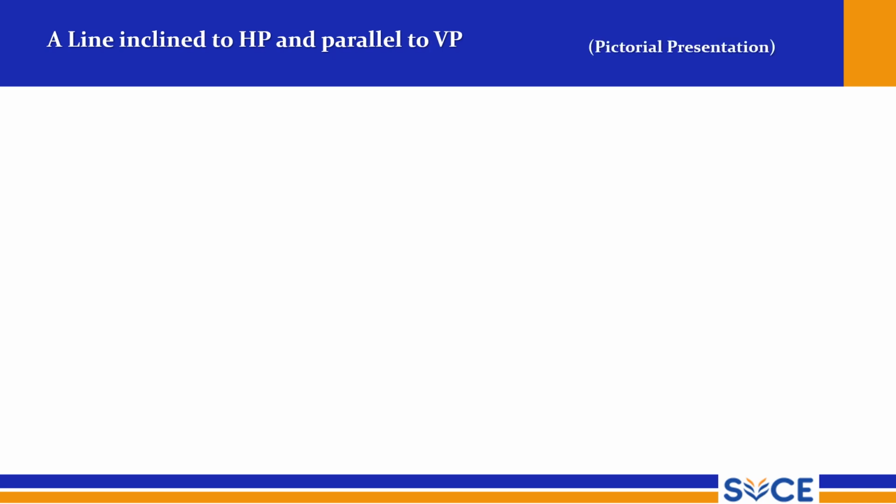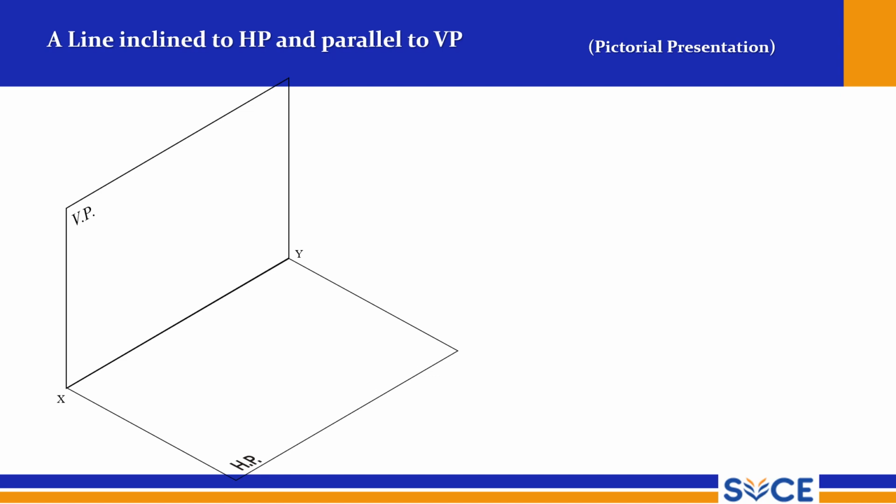So the next simple case is a line inclined to HP and parallel to VP. Here is the pictorial representation where this is your HP and this is your VP, and the line is inclined to HP, so that is theta.